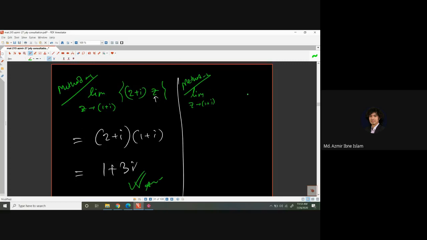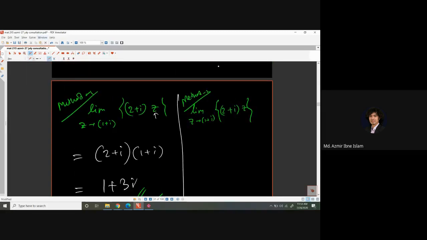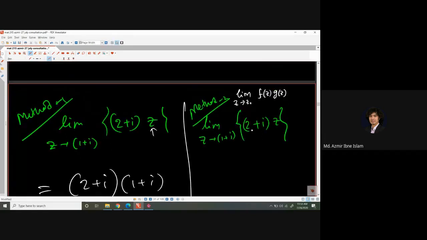Because you are familiar with some theorems, I'm taking the same function, 2 plus i times z. So you know a theorem that if we have a product, limit z tends to z naught of f of z times g of z, let's say this is f of z, this is g of z, we can separately write the limit of f of z times the limit z tends to z naught of g of z.